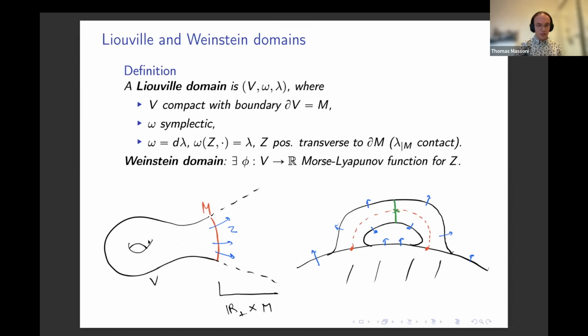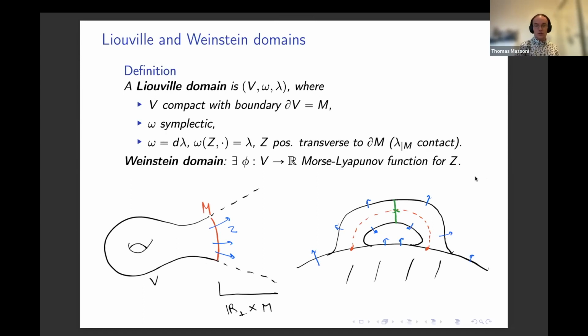On the left is the canonical picture of a Liouville domain. And such a domain can always be completed by adding a cylinder, I think we've seen that in the previous talk, to obtain what's called a Liouville manifold. And on the right, there is a poor depiction of a Weinstein handle. So these Weinstein domains can always be obtained by attaching what's called Weinstein handles.